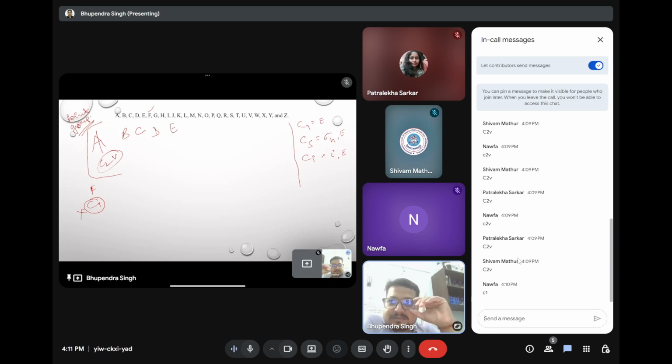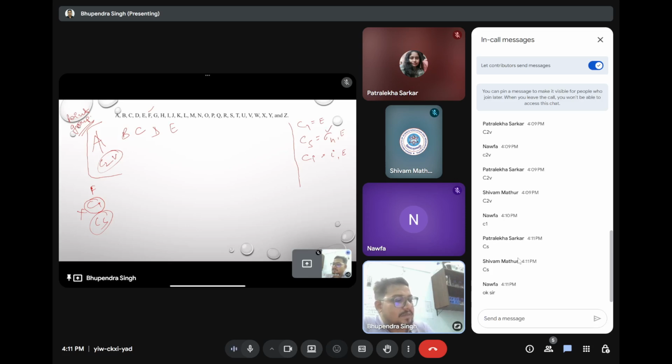Just imagine this is in your plane. This is not a three-dimensional structure. It is a two-dimensional structure because you are writing on paper. Patlekha is saying CS. Yes, it is CS. Shivam is saying CS. Yes, it is CS, because CS is sigma.